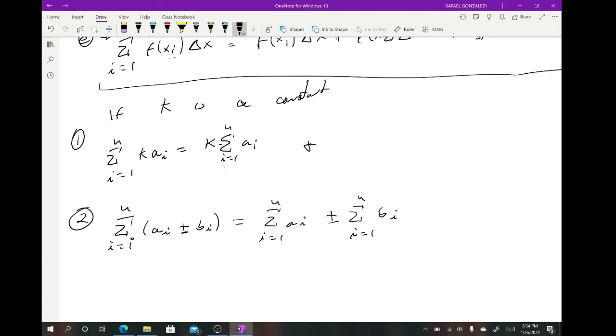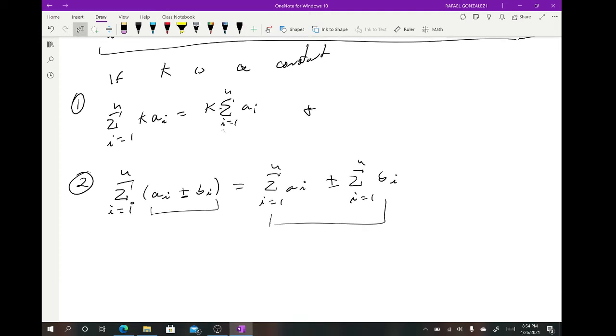So you could add sums and subtract sums, or you could just do it on the inside and then separate them. Sometimes it's useful to actually write it in this way, because there are some formulas that become more apparent when you split them up. And that's what I'm going to get to now with the following theorem.